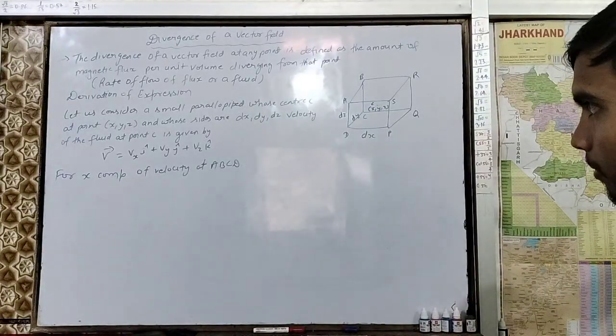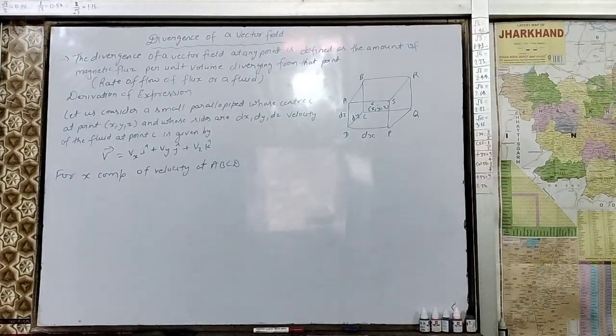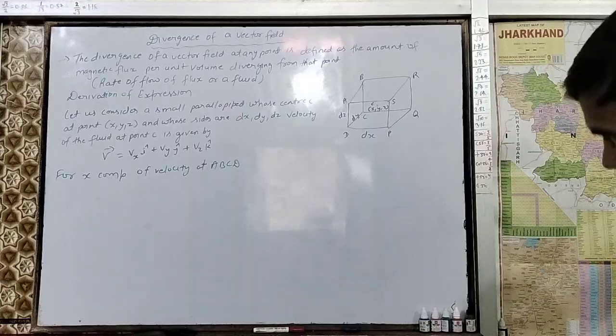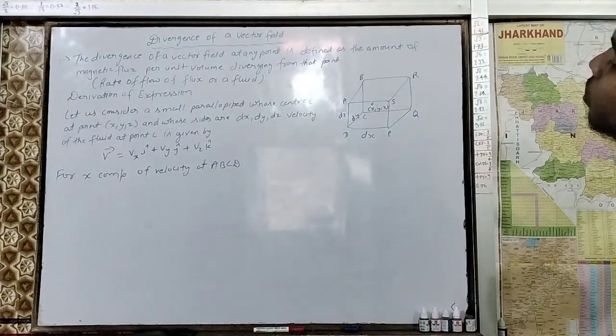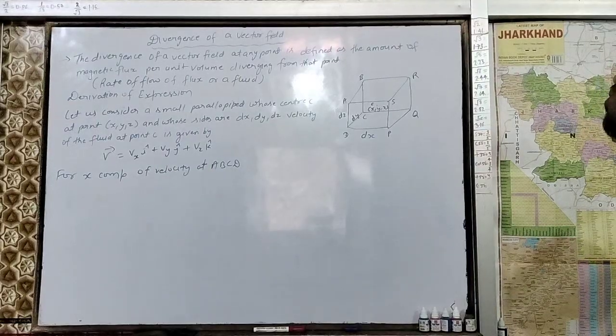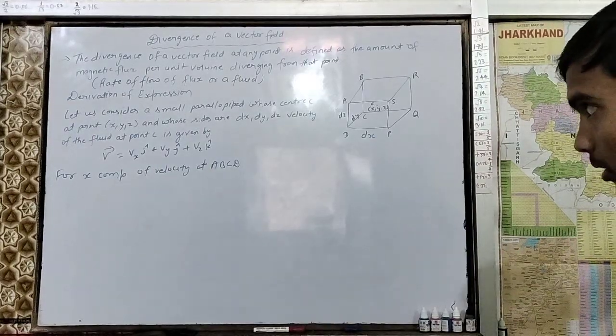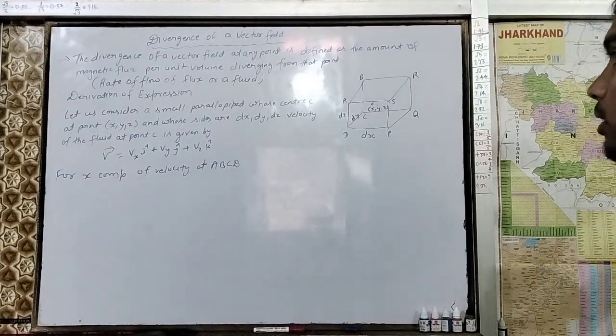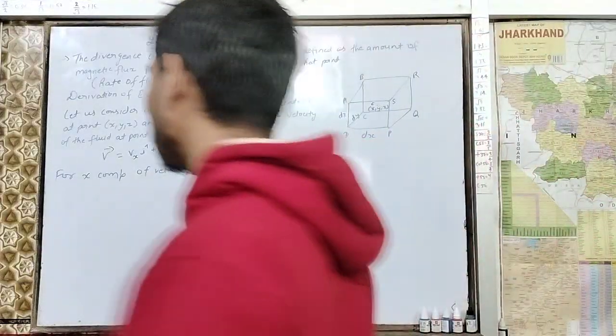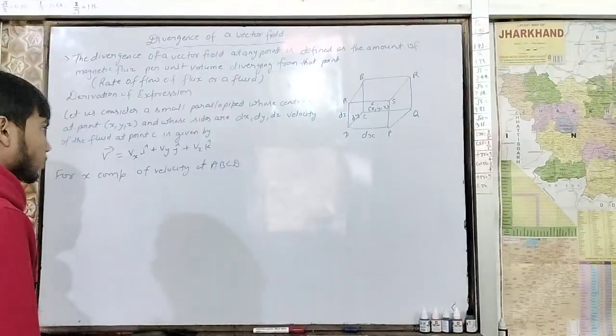You understand that from the ABCD surface, fluid is entering with some velocity with respect to dx.